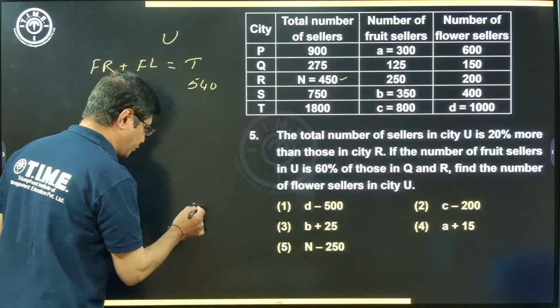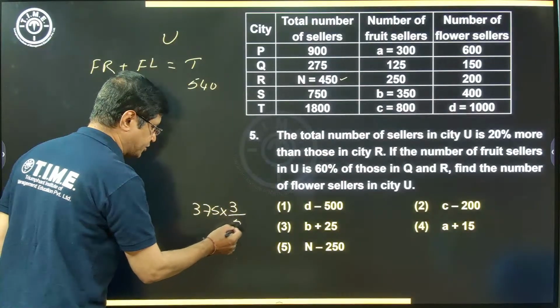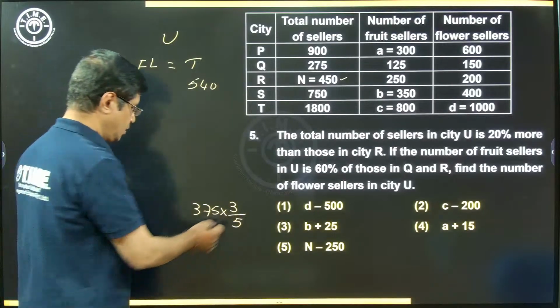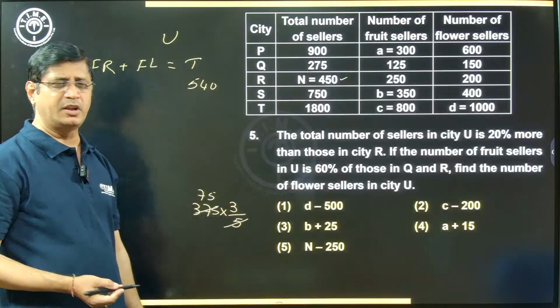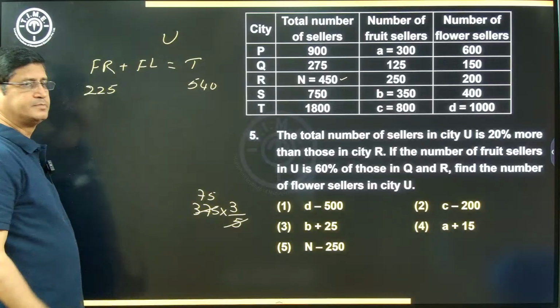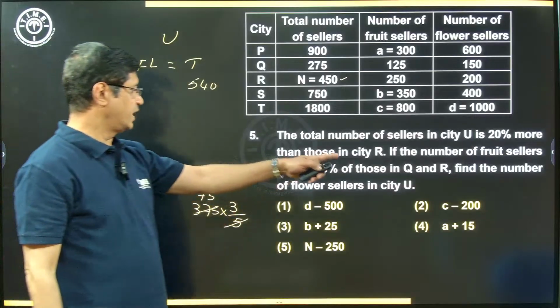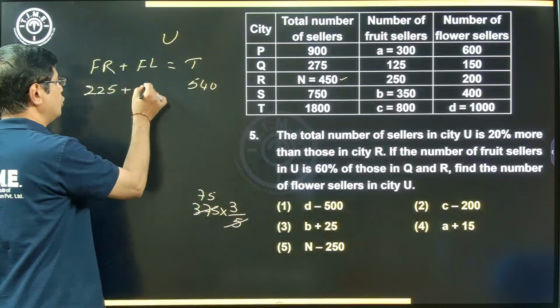Of that 375, what is the percentage here? 60%. 60% means 3 by 5. 5 goes how many times? 75 times. 3 times 75 is equal to 225. So 225. Now what to find? Find the number of flower sellers in city U. So this value needs to be 5.